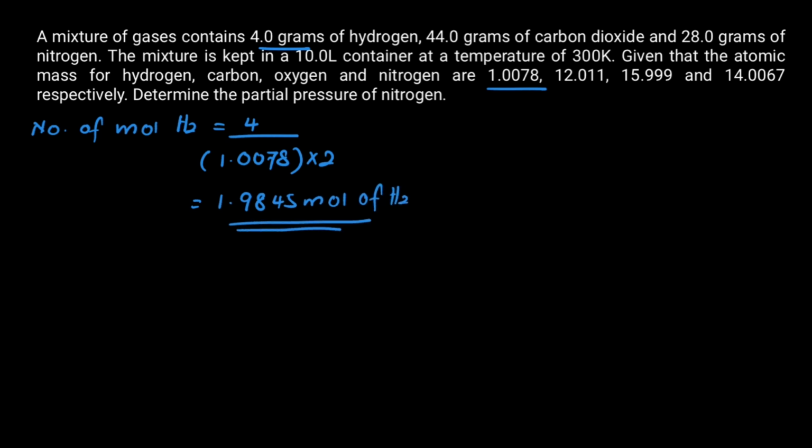So we are going to do the same with the rest, which is carbon dioxide and also nitrogen. We are going to start with carbon dioxide. The number of moles for carbon dioxide should be equivalent to 44 grams divided by the RMM of carbon dioxide.